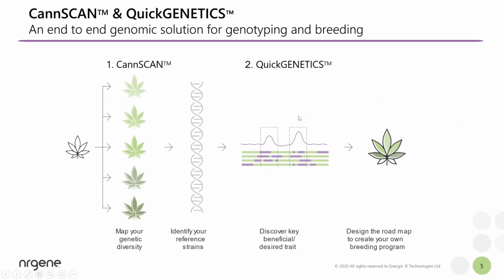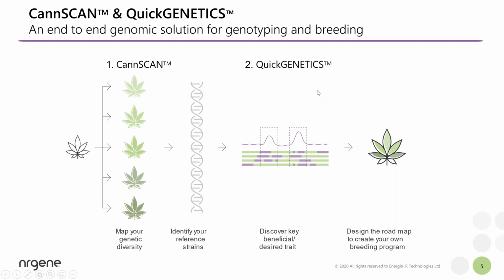So a quick word about CannSCAN before I go into the details. CannSCAN is meant to be a first step in an array of services and products that we offer cannabis breeding.